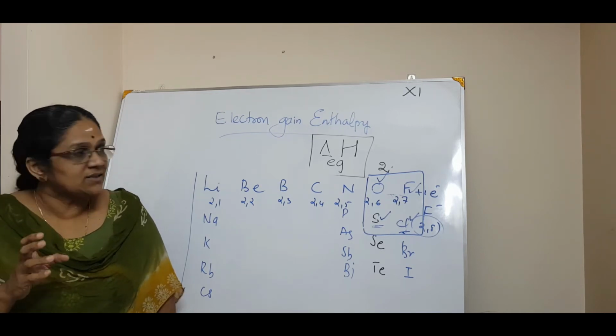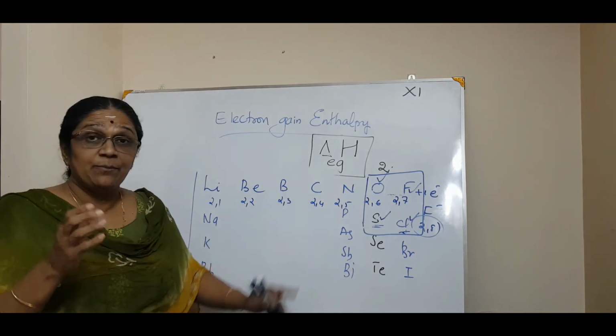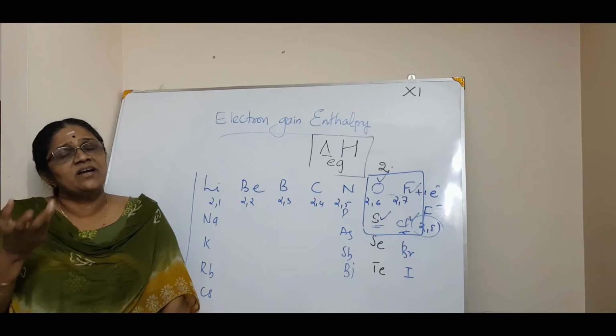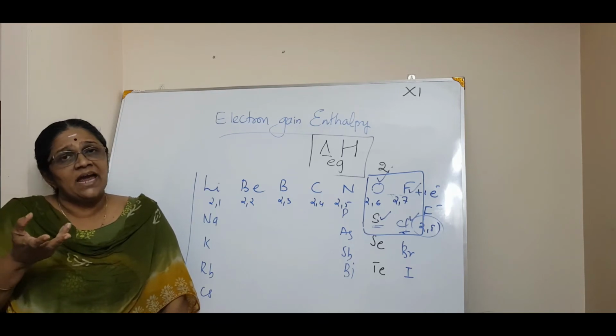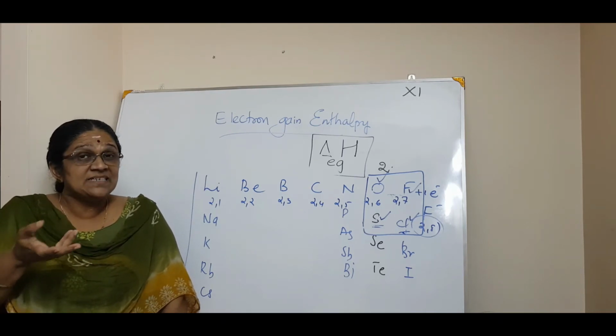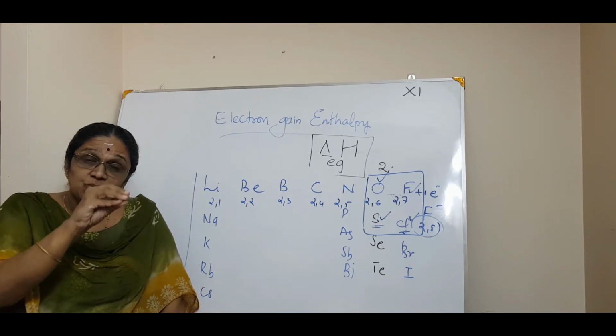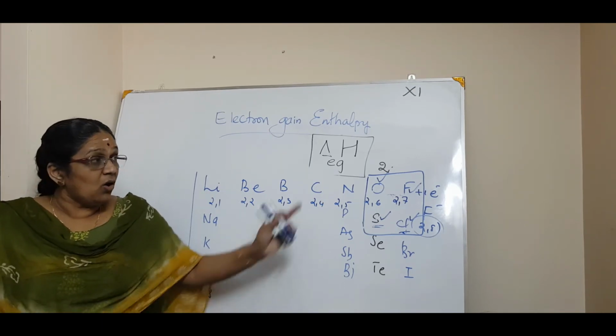Okay, so that is all about the electron gain enthalpy negative value. Now coming to the positive value. Positive value means endothermic reactions, that means we have to give energy for a reaction to be accomplished.